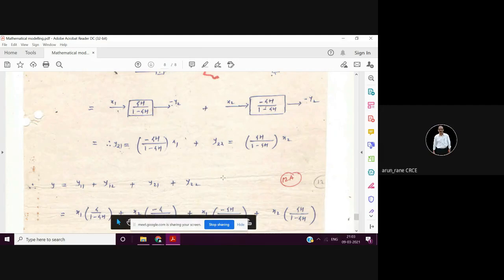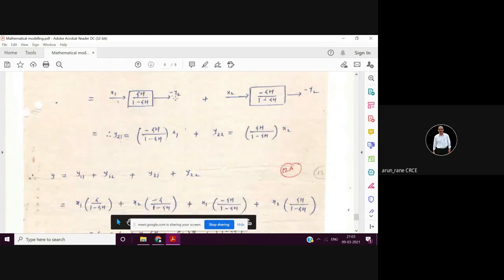Then we saw the basic laws, Newton's laws of motion. Then the simultaneous equation method, that is F is equal to ma, that is equal to W by g d square x by dt square. And by the simultaneous equation method, we saw how to get the transfer function for the spring mass system and the spring mass damping system.